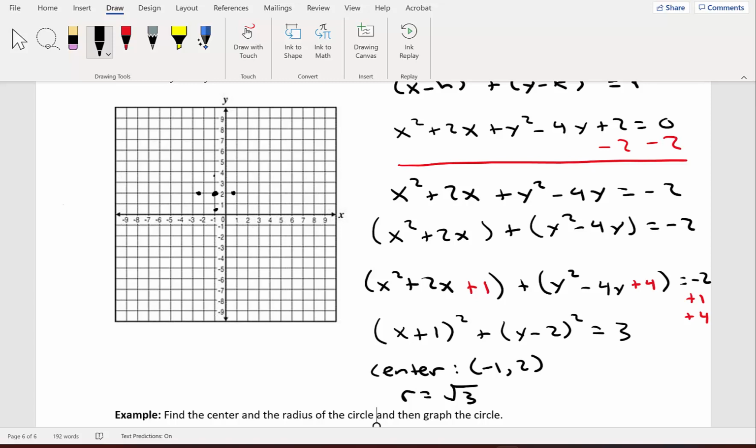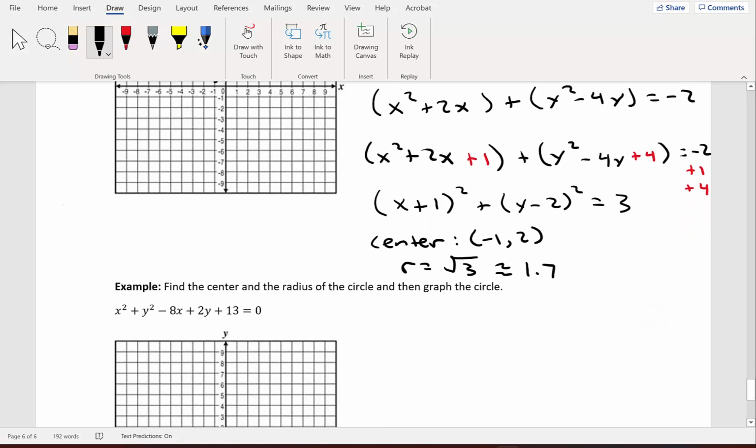And then 1.7 up, which is about right over here. And now we have our circle. So square root of 3 is approximately 1.7, so I went 1.7 in each direction.